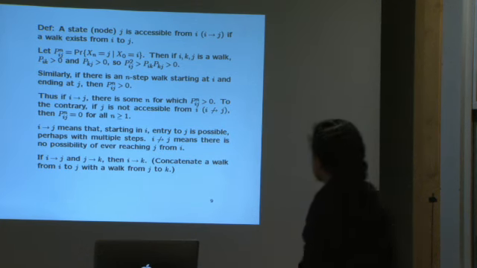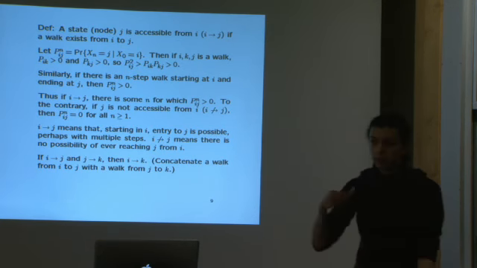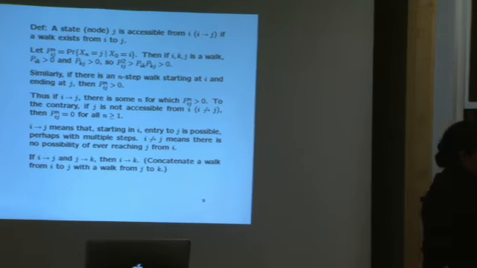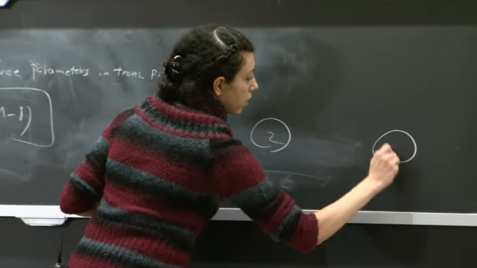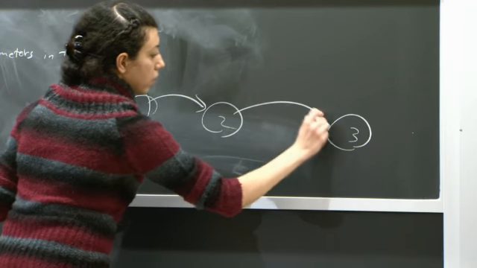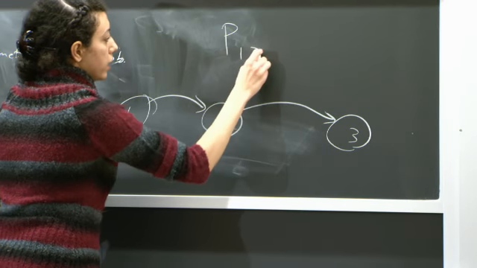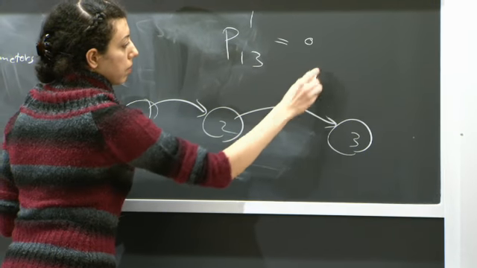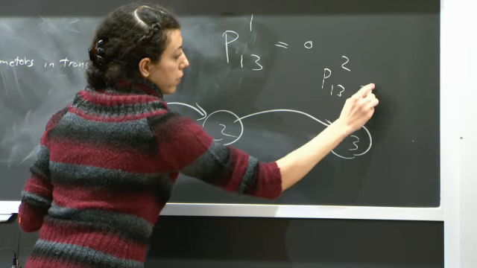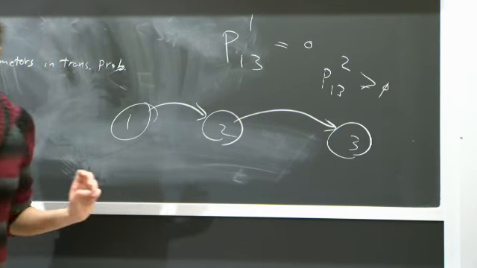Actually, this value could be different for different n. So for example, if we have a Markov chain like this, P_13^(1) is equal to 0, but P_13^(2) is non-zero.